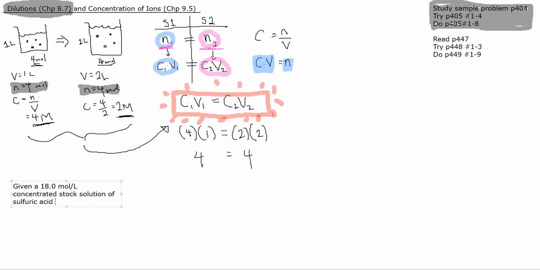Anyways, enough of that. Given an 18.0 moles per liter concentrated stock solution of sulfuric acid.